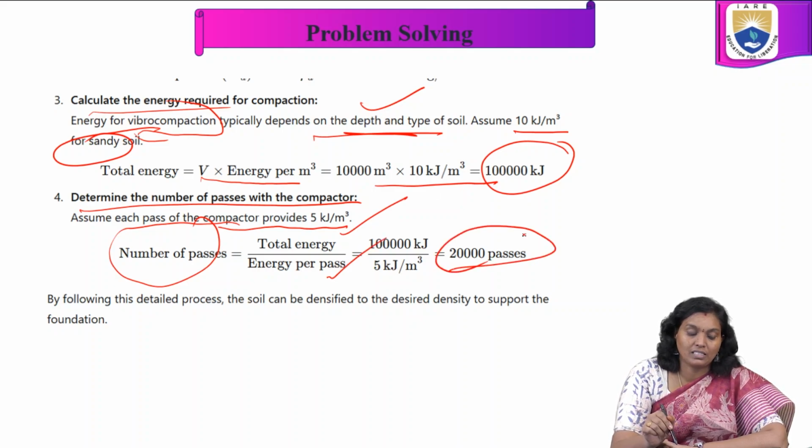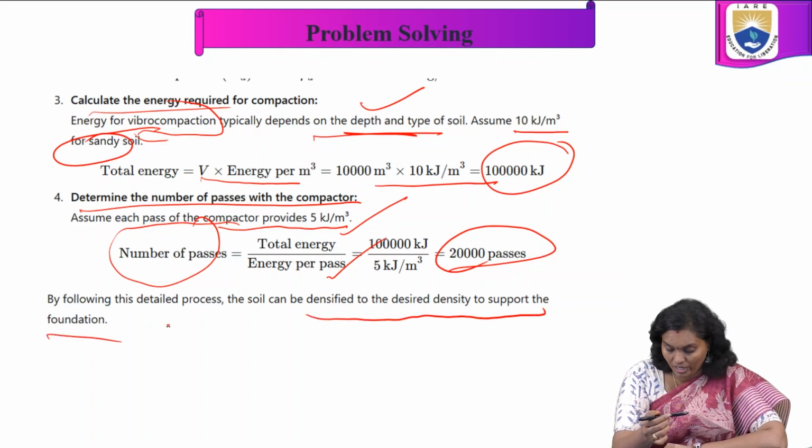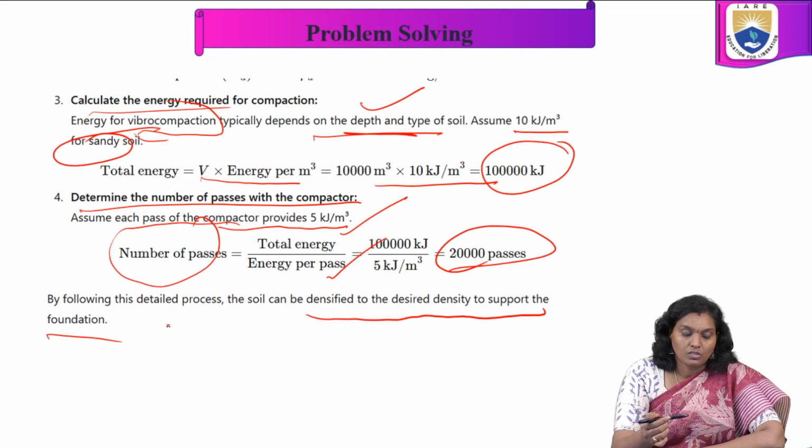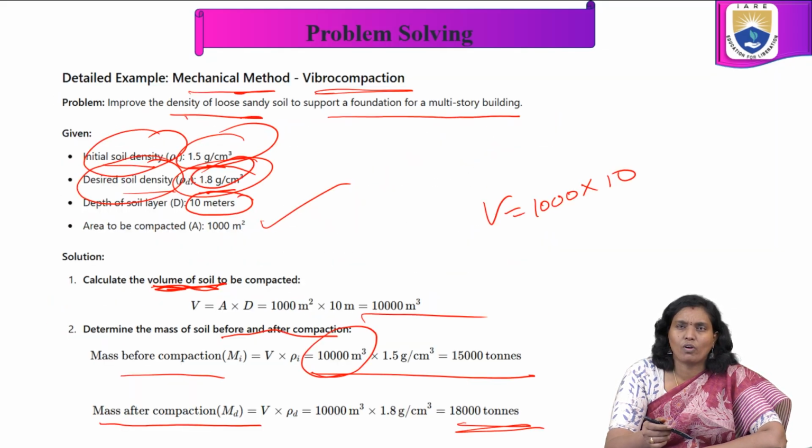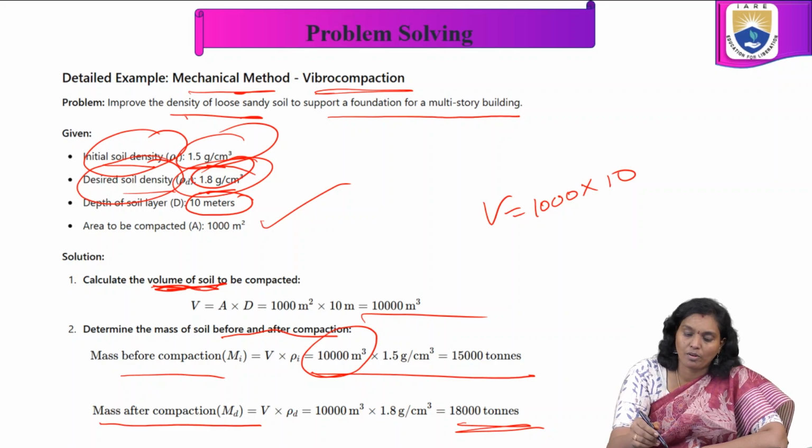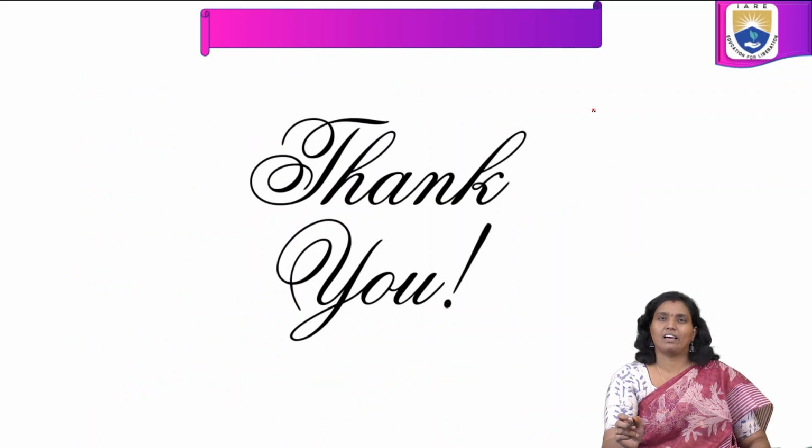So these many passes are required, and the soil can be densified as desired to support the foundation. These are the things we are going to understand. We considered the mechanical method as one observation, and the various other methods involved in soil modification we will see in our next class.